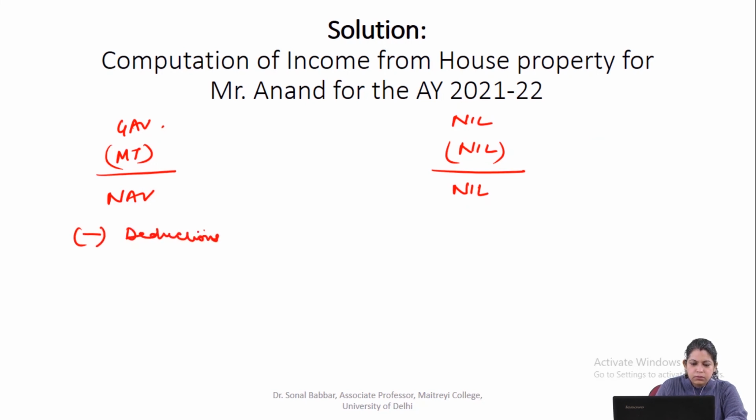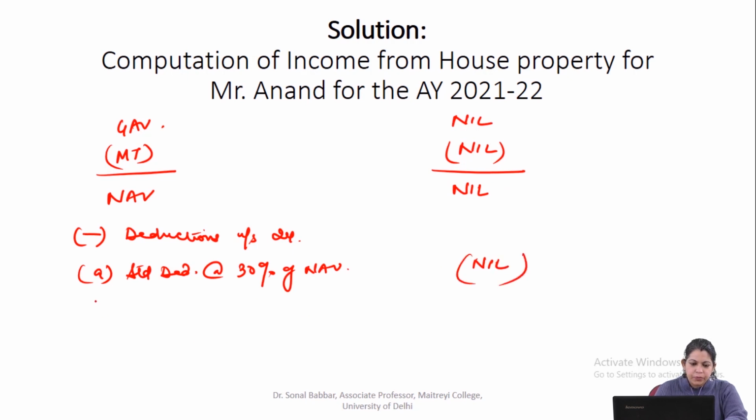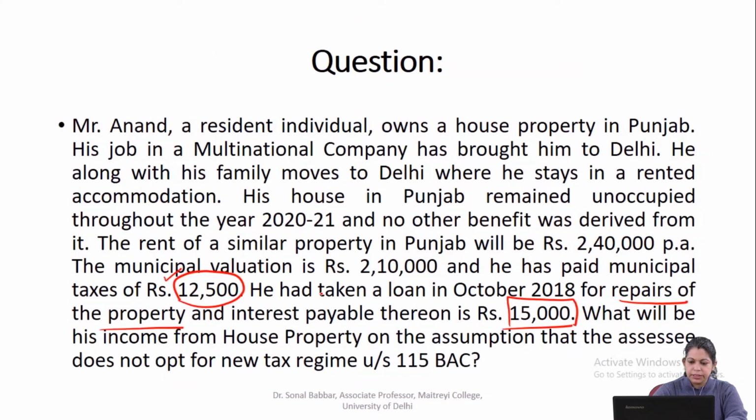deductions under section 24. 24A is a standard or a statutory deduction at the rate 30% of NAV. Since NAV is nil, 30% of NAV is also nil. And interest on borrowed capital with some maximum ceiling, since it is considered to be a self-occupied property. So the maximum ceiling allowed here is 30,000 rupees.